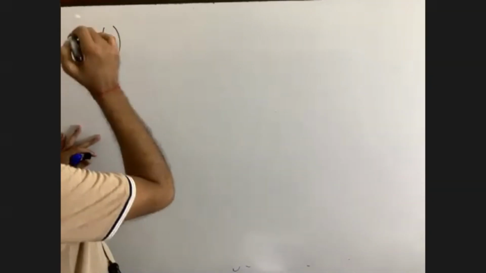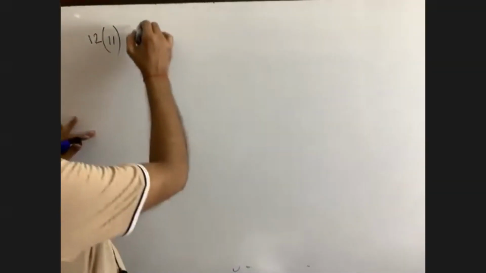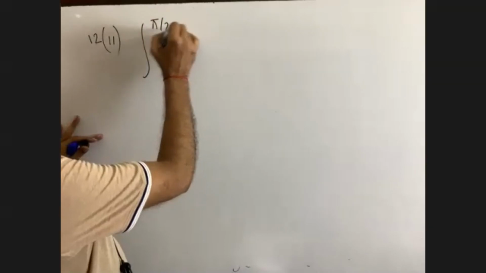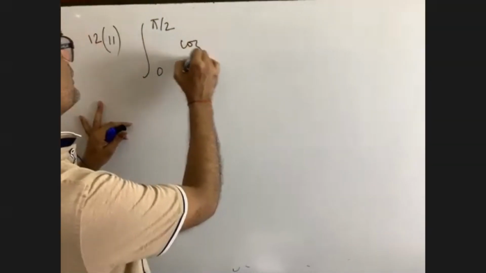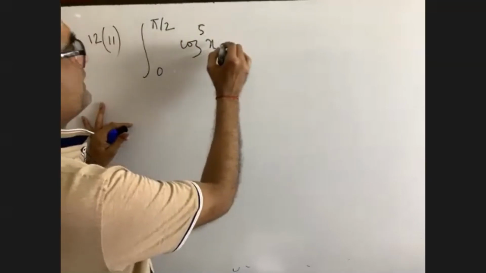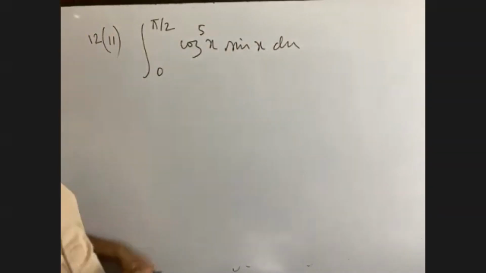Now, going to do another math, and that math also was done by you earlier, not today, but other day. Cos to the power 5x sin x dx from 0 to pi by 2. What will you do? Talk to me.